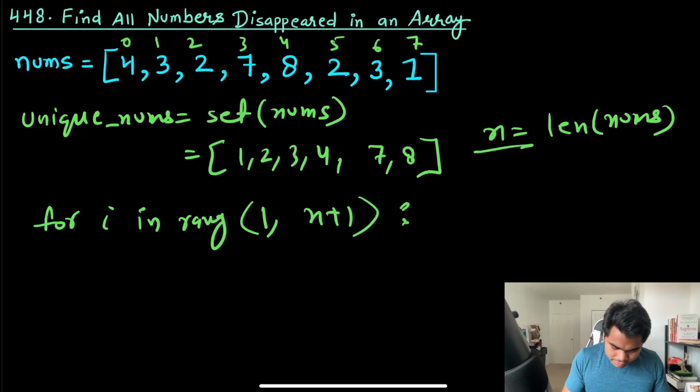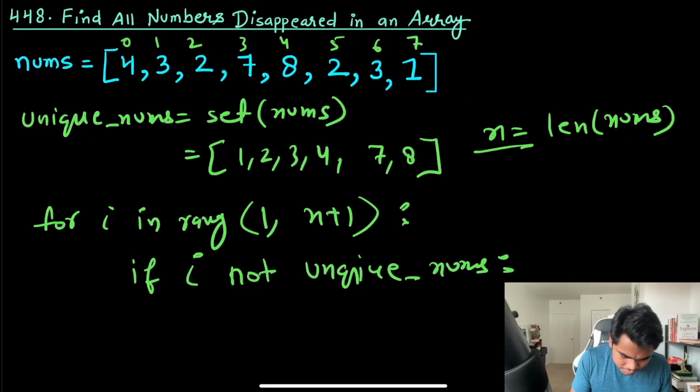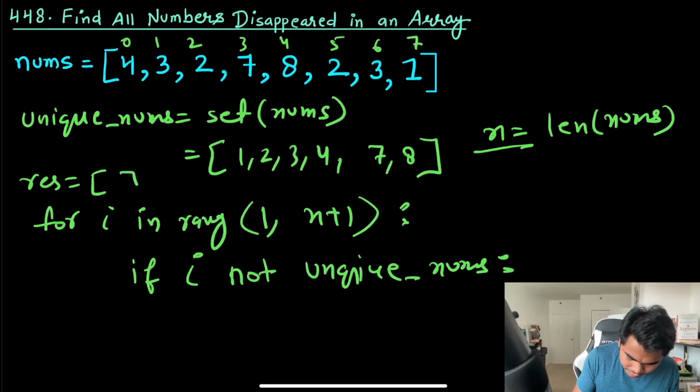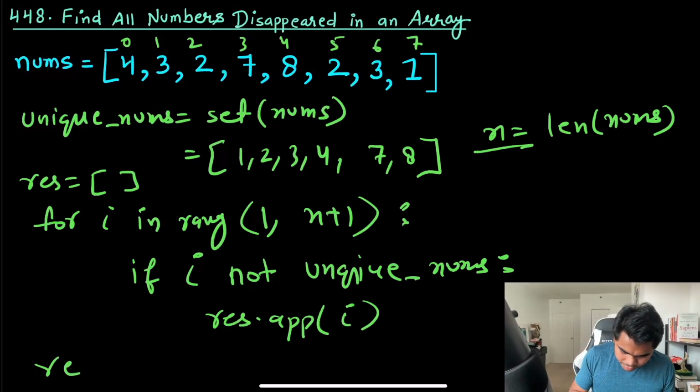I will run this, and if this i is not in my unique nums set, then I can just add this to my result. So I'll have result as an empty array, and I will append that to my result, and then I will return my result. So that's the brute force solution.